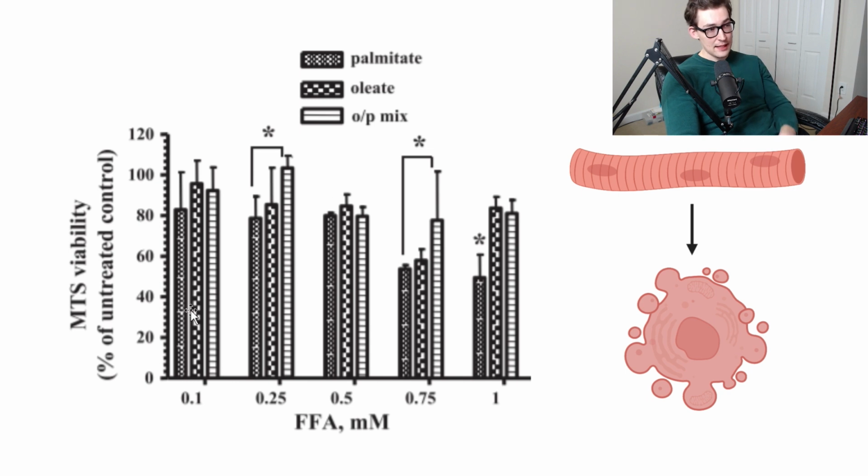So again, if this decreases, that means there's more cell death. And again, the same, so we've got this initial decrease and then we have non-statistically significant, and then we have again statistically significant, and here we have it statistically significant again.